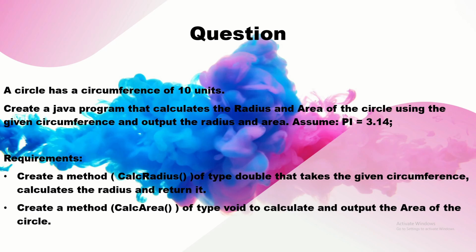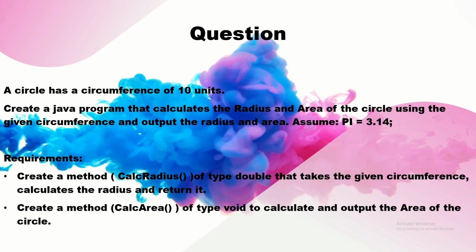So when we have these type of questions, what I prefer to do is highlight key points and key statements. Under requirements, I'll highlight create method calcRadius because it's telling me I need a method and the name of that method is calcRadius. I'll then highlight type double, takes circumference, and calculates radius and returns it.